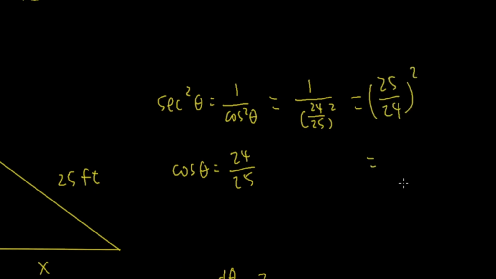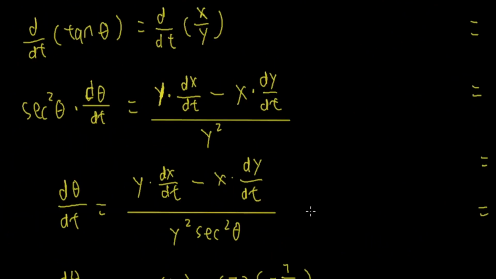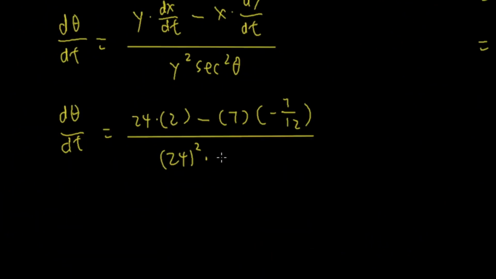And that is equal to, what's 25 squared? 625 over, what's 24 squared? 576. Okay, so secant squared theta is 625 over 576. Let's get the exact value here.